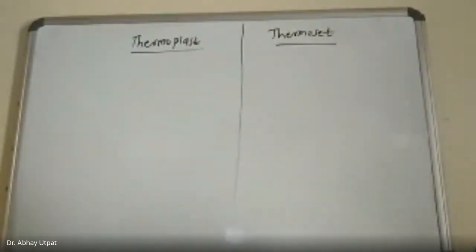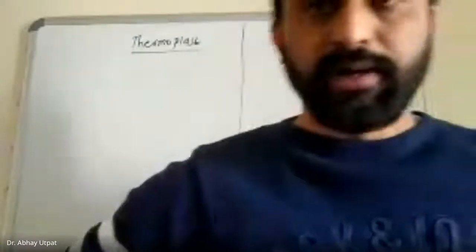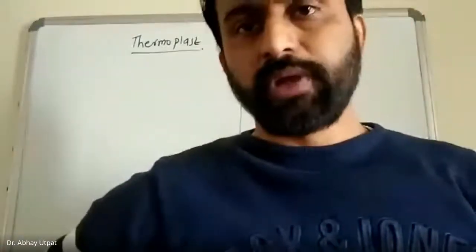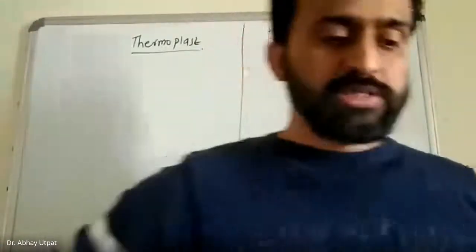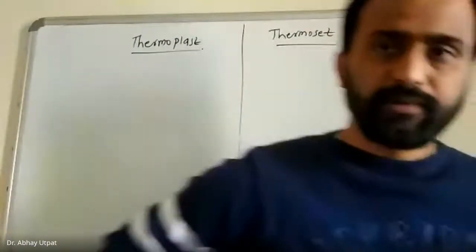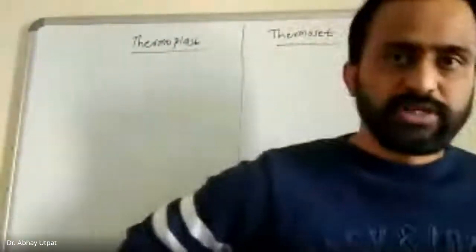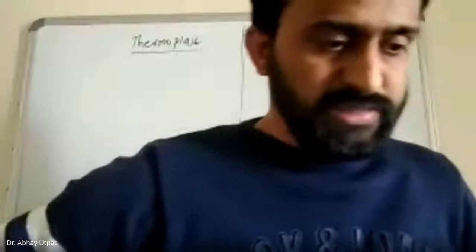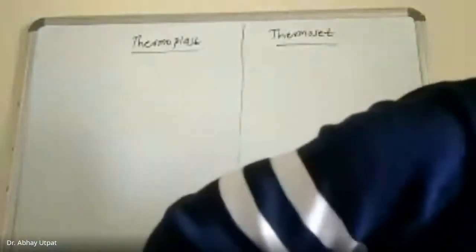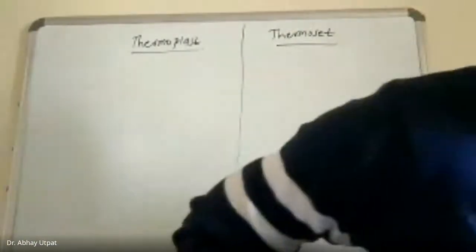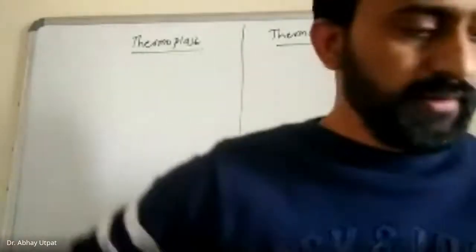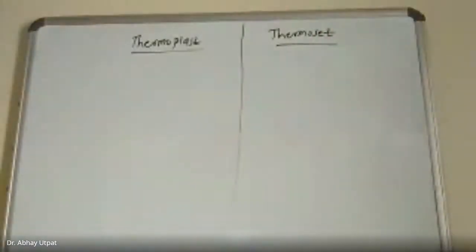Thermoplast: heat causes them to soften and cooling causes them to set hard. I hope you are writing. Whereas thermoset: heat causes them to set hard.